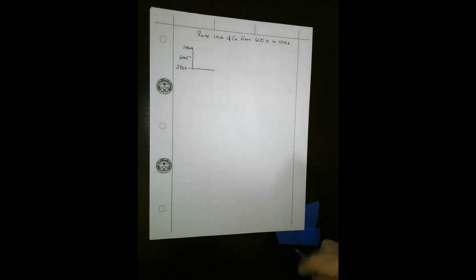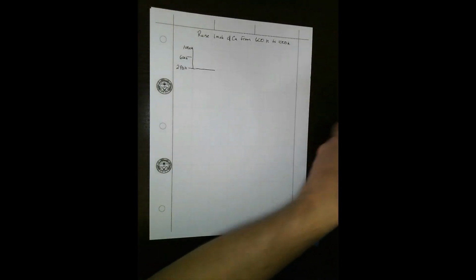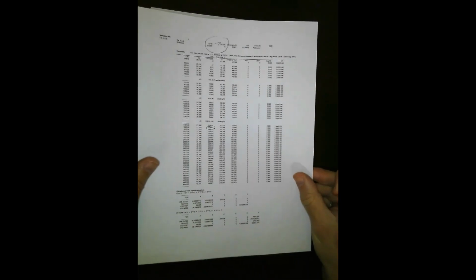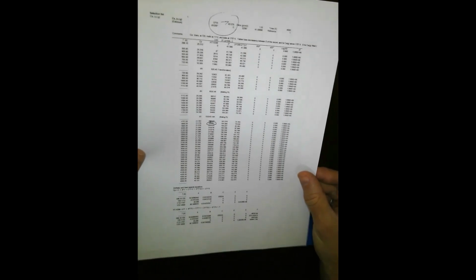This problem is pretty simple because we're only going from one temperature to another. But this is still referring to the calcium table that you all have a copy of, and we have to pay attention to some critical values.